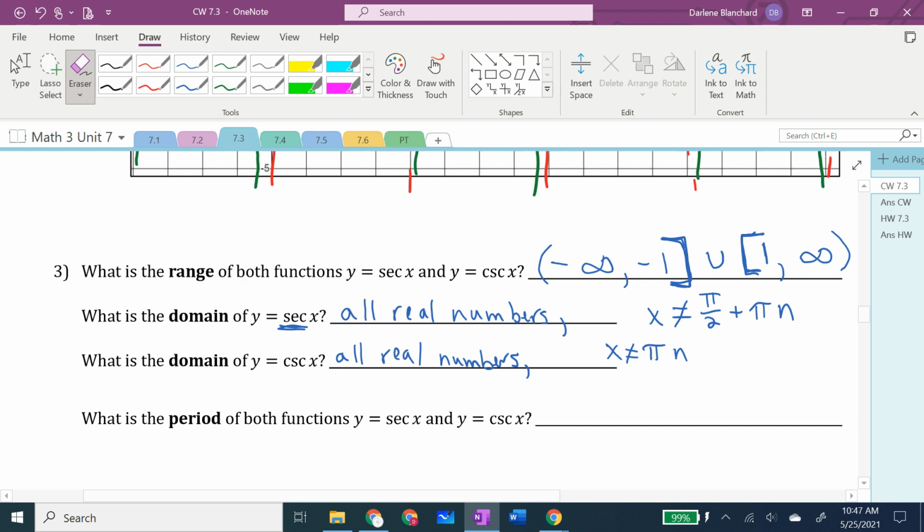Okay, now, how long does it take for an entire cycle?